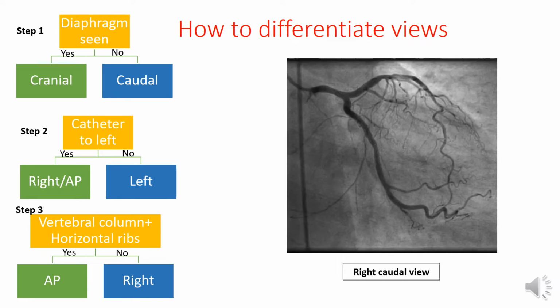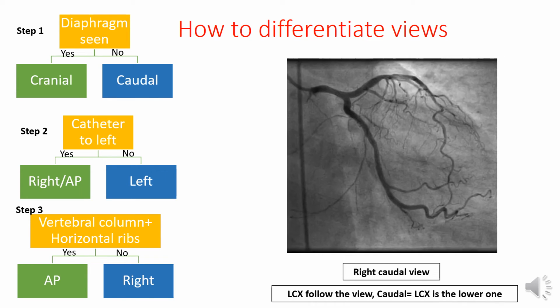And as we mentioned before, the circumflex follows the view, so this view is caudal, so the circumflex is the lower vessel seen here. And as we discussed before, the caudal views are aligned more with the atrioventricular groove of the heart, so the vessel that is seen running along the picture is the circumflex one.